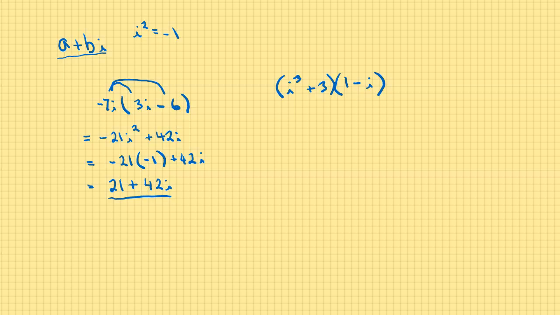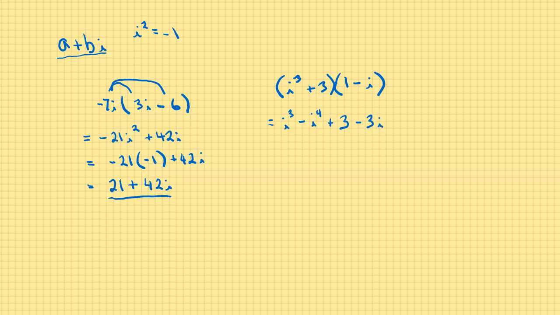So that'd be i to the third times 1 is just i to the third. i to the third times -i is minus i to the fourth power. And on the inside we have 3 times 1 is 3, so I'll just put plus 3. And then the last terms are 3 and minus i, so that would be minus 3i.